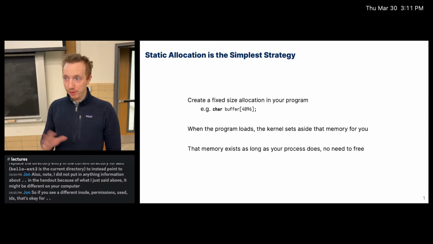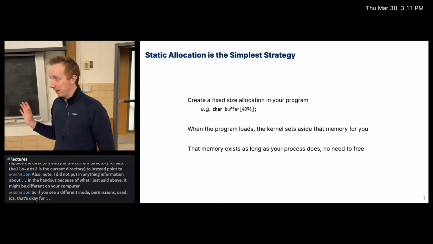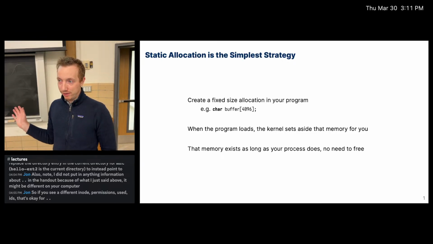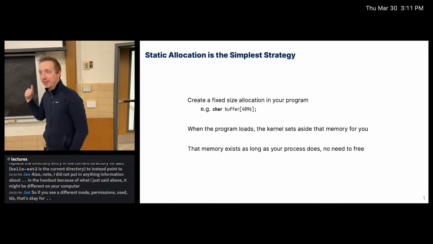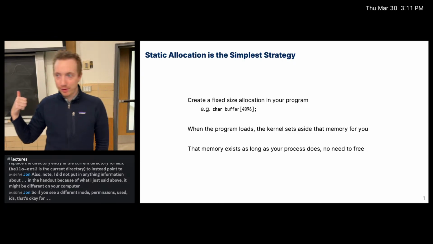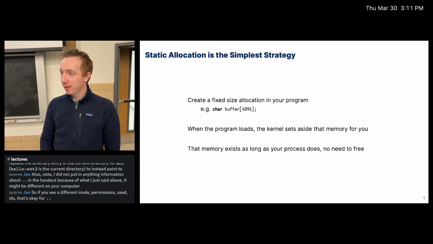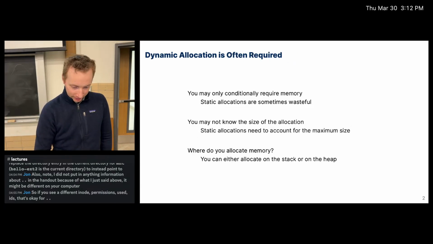So again, with this, all the memory exists for as long as your process lasts. There's no need to free it because the free is exit. So everyone understands this. Good old global variables, thumbs up. No need to free, so they are perfect.